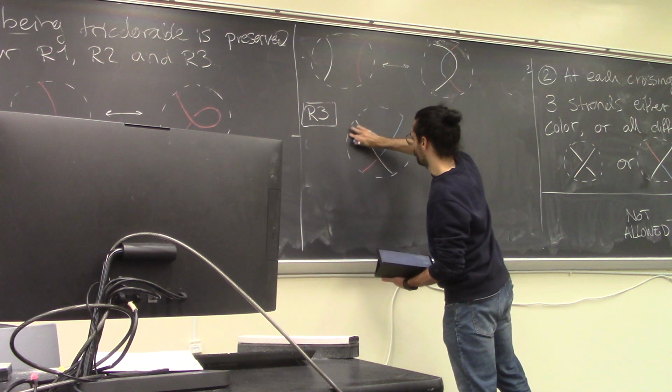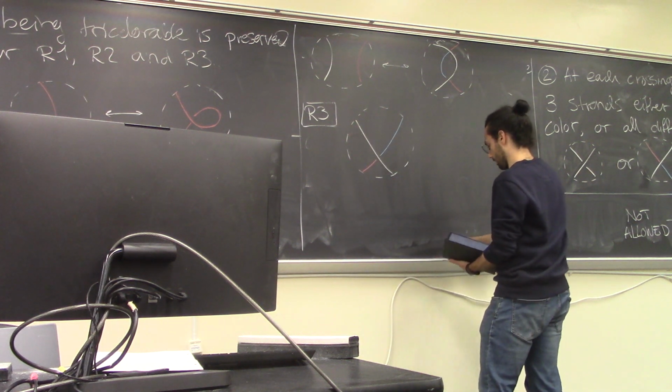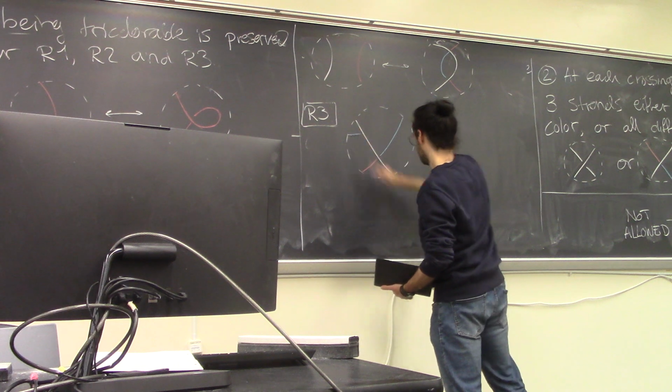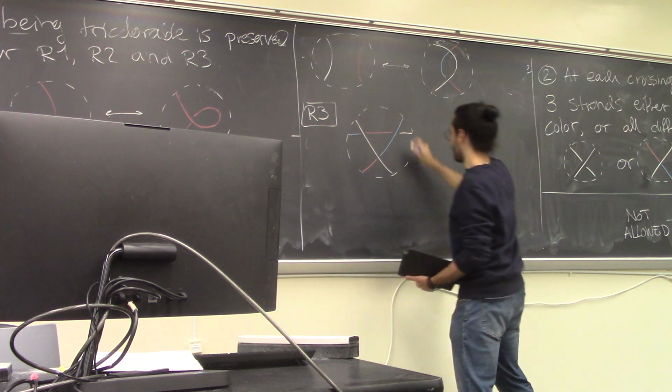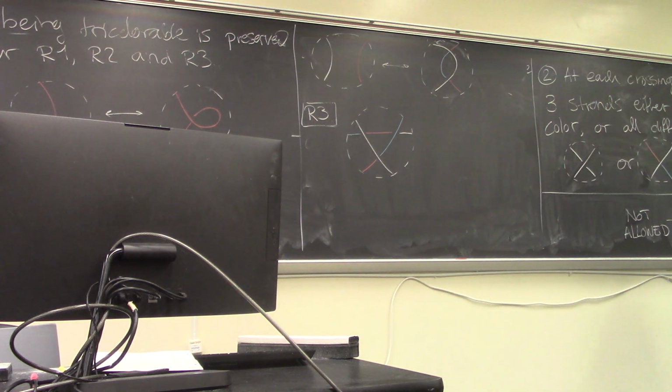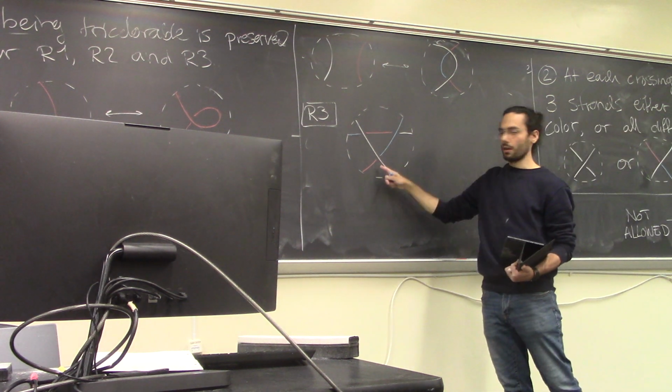And now I need to be a little bit careful, because now I can do it the wrong way. Okay, so I think this is a valid coloring. So at each crossing, all three colors are being used.